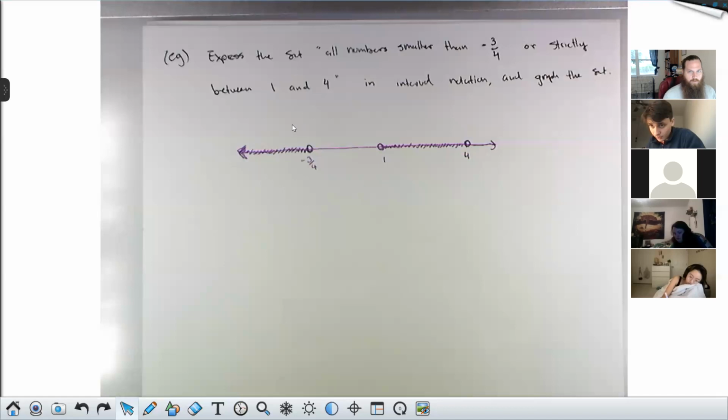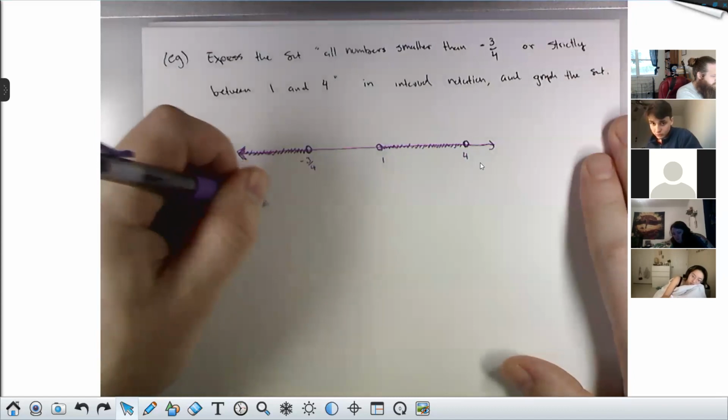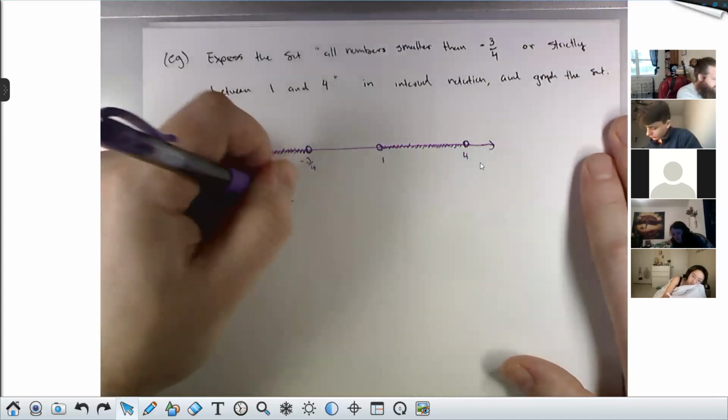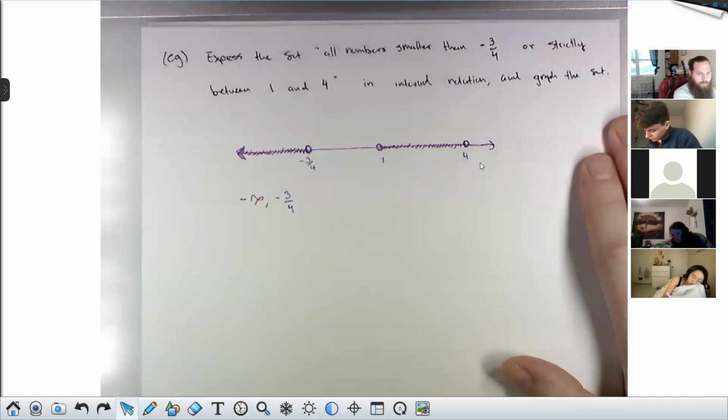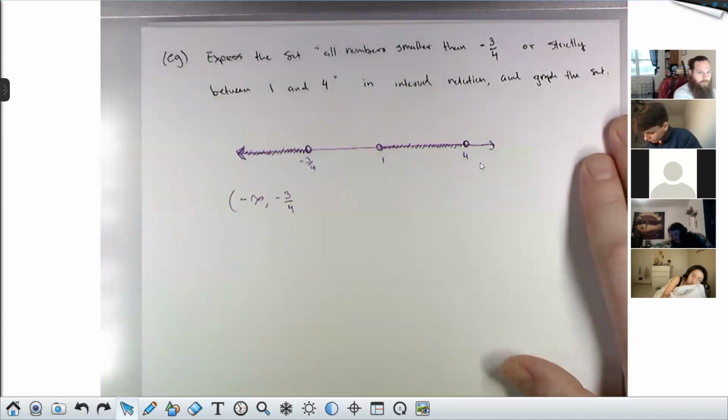And then if I want to express this in interval notation, I take this guy and this guy, write them in interval notation, and I join them together using a symbol called a union. So that first set is -infinity to -3/4. We always use an open parentheses on the infinity symbol.